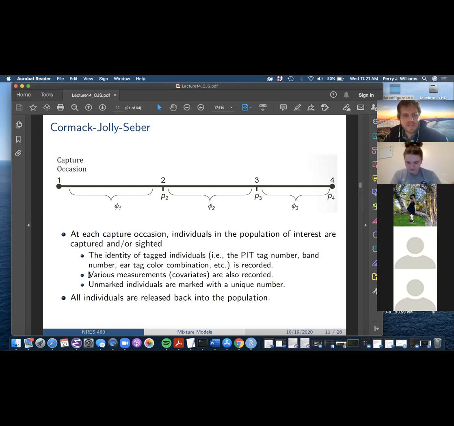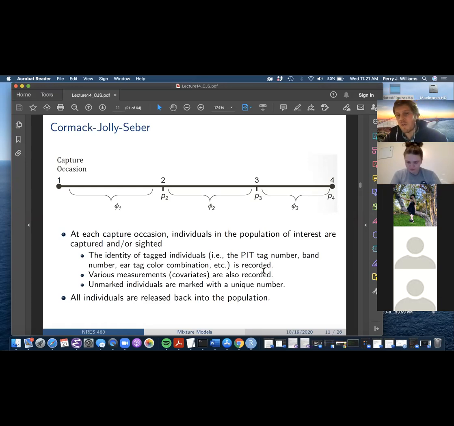So let me read through these. At each capture occasion, individuals in the population of interest are captured and/or sighted. The identity of tagged individuals, for example, the PIT tag number, band number, ear tag, color combination, etc., is recorded. Various measurements such as the weight or mass, the length, other types of measurements can be recorded.